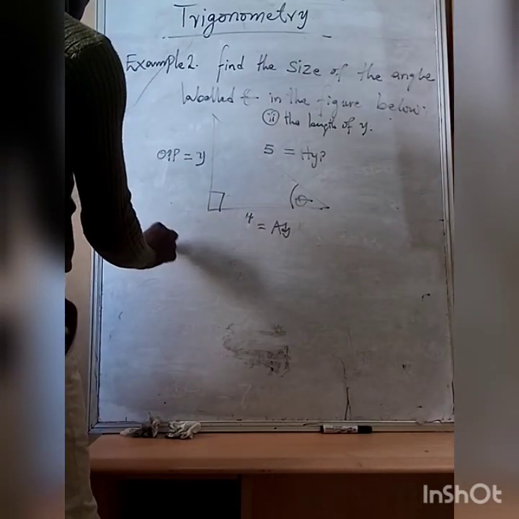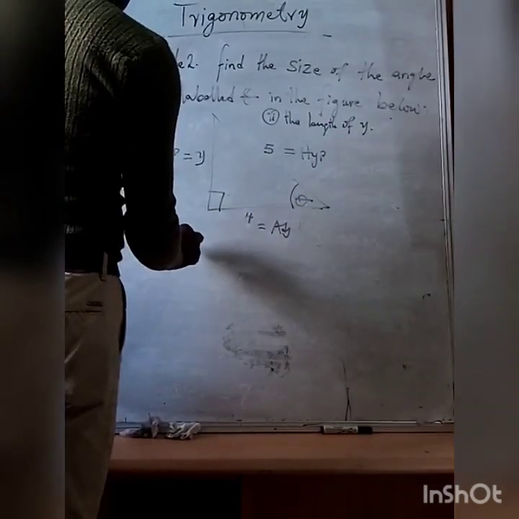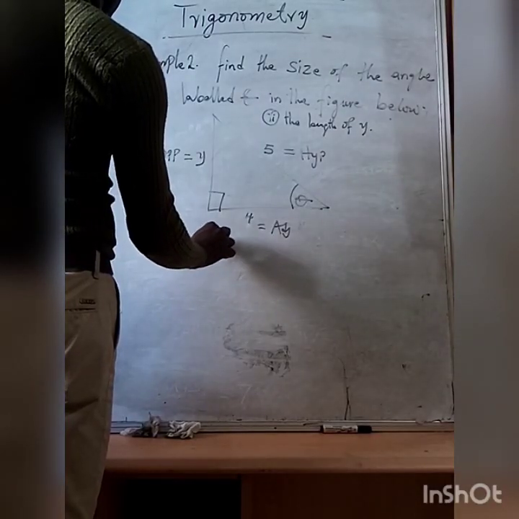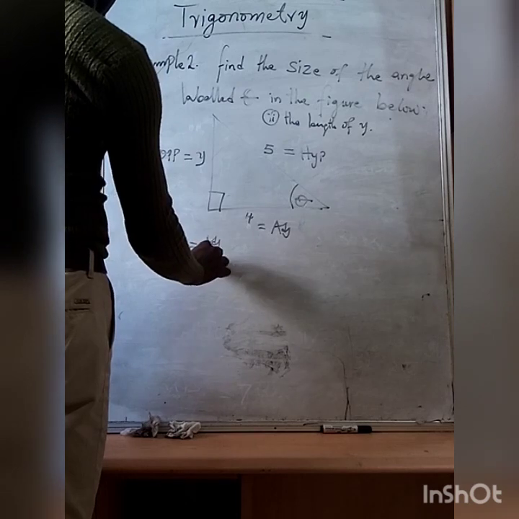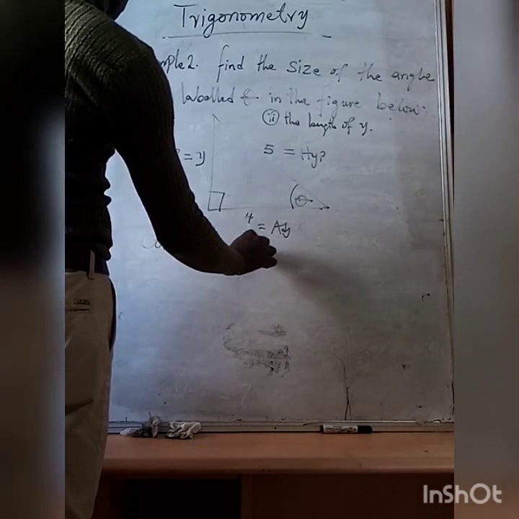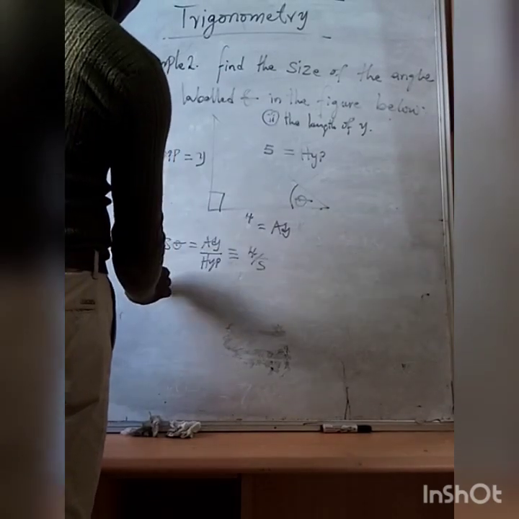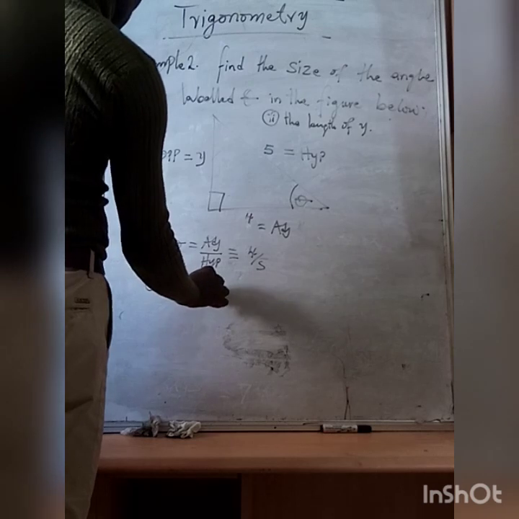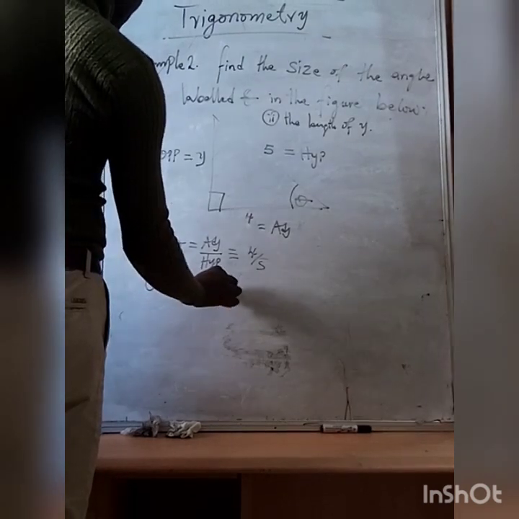So we do cos theta is equal to adjacent over hypotenuse, which is 4 over 5. Cos theta is equal to 0.8.